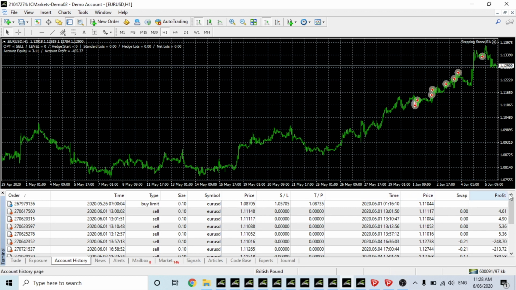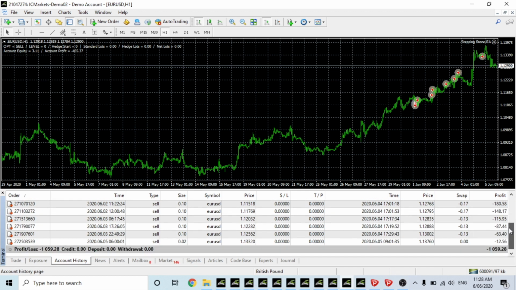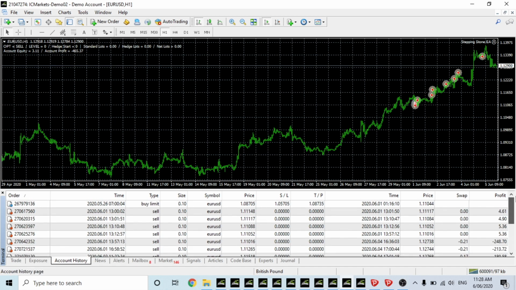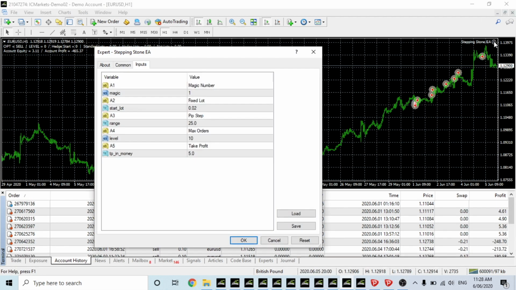There we go. So you can see here that I stuffed up. I stuffed up because I was doing 0.1 lot size trades. So what I want to do is change that, and I'll change it to 0.02, which I did, and believe the account before I did that.